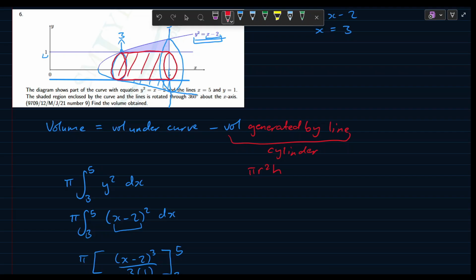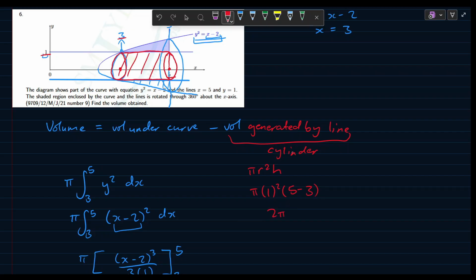So our radius is the distance from, our diagram is quite terrible, but the radius is going to be the distance from this point up to that point. So that distance is 1. So that's pi times 1 squared times our height. So the height is going to be the distance from this point to this point over here. So that's just 5 minus 3. Okay, so if we simplify this, this is 2 pi.